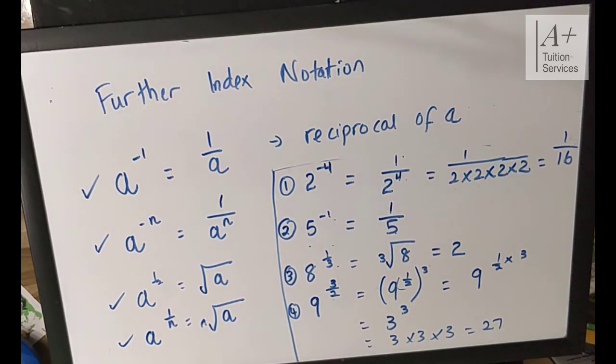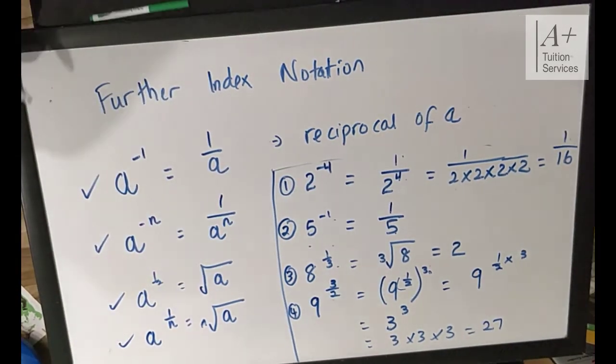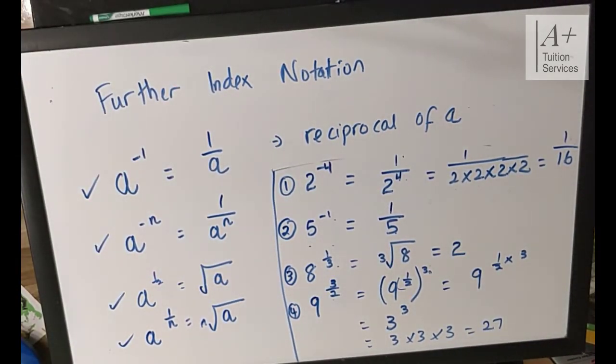Well, they pull back a common base, which is 3, and 3 to the third power. Right? What two factors multiply to give 9? 3 by 3 is 9. So they put 9 to the half, 3 to the third power, which will equal 27. Okay? So now we move on. So you can pause the video and take down this note, and we will continue. Okay?